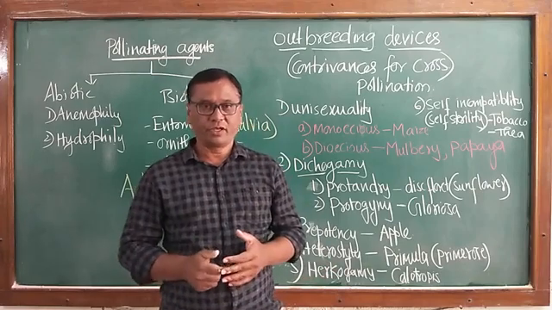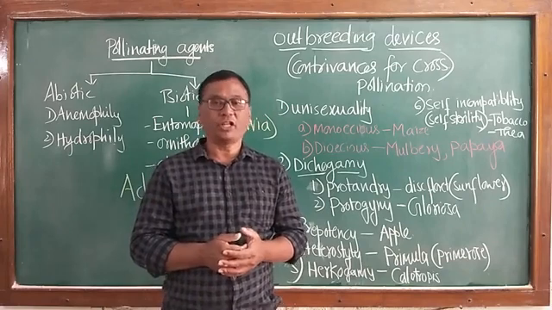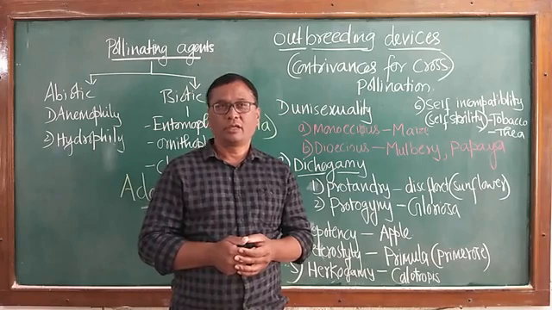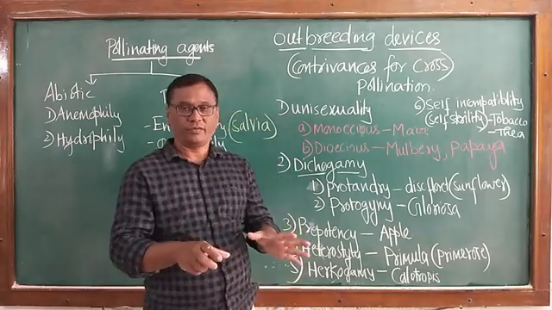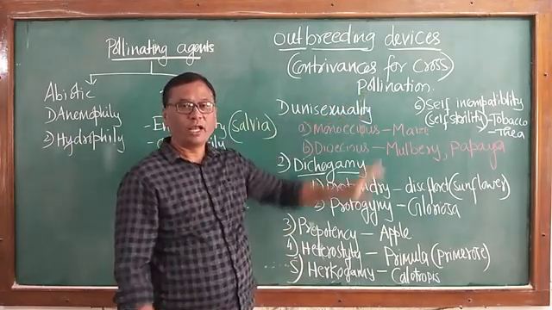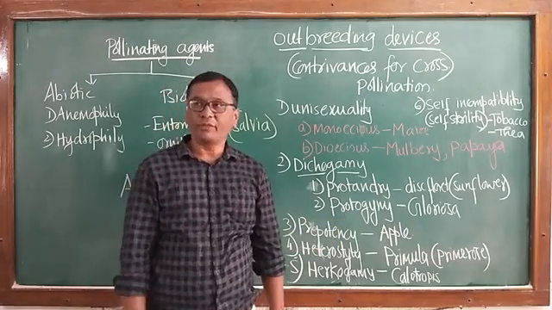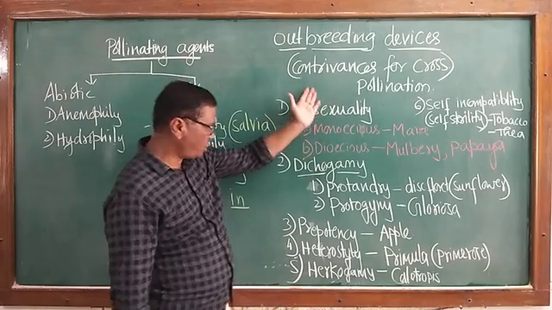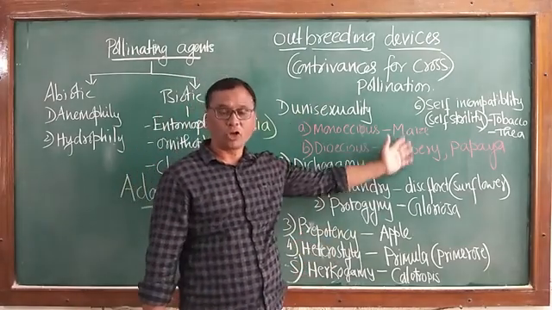A special mechanism, special adaptation develops in the plants within the flowers, and these adaptations help the plant to compulsorily achieve cross-pollination, xenogamy, and avoid self-pollination, that is autogamy and geitonogamy. Now let us study which are these different types of outbreeding devices or contrivances for cross-pollination.